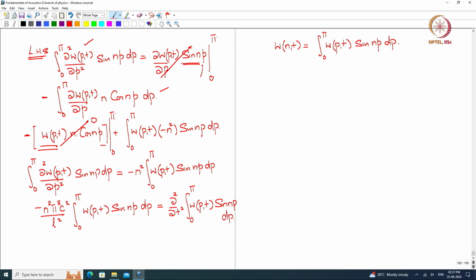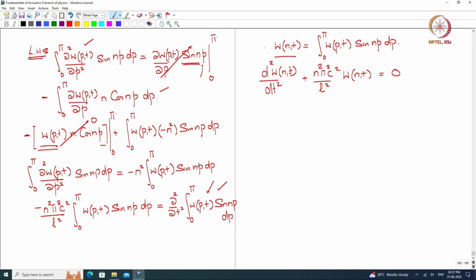If we use this definition, what we have is d2 w of n comma t by dt square, which is this term, plus n square pi square c square by L square times w of n comma t equal to 0.